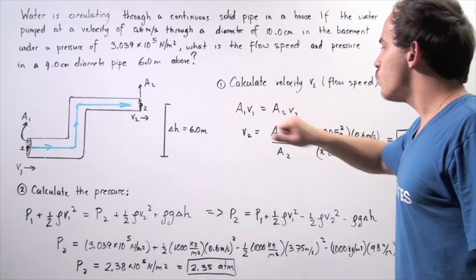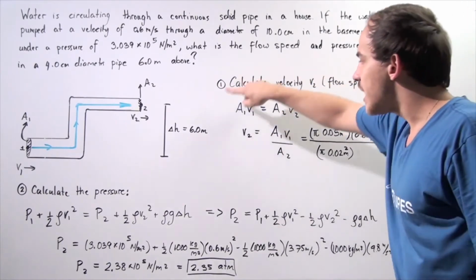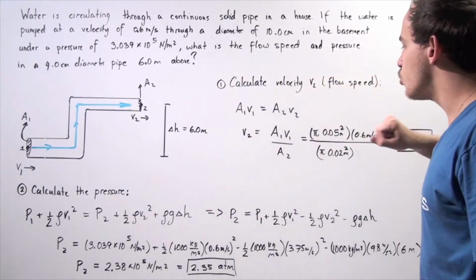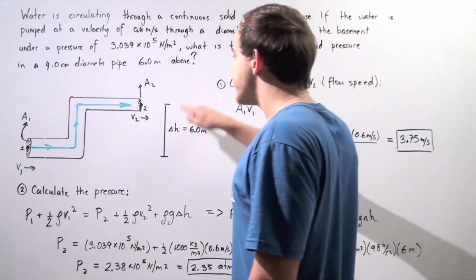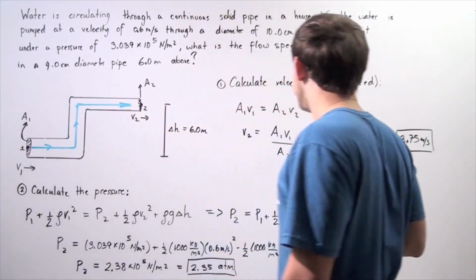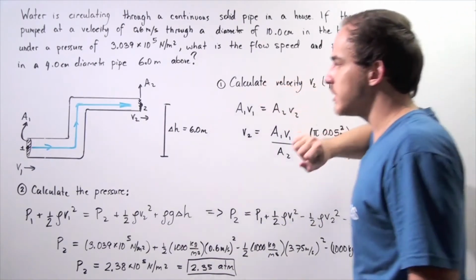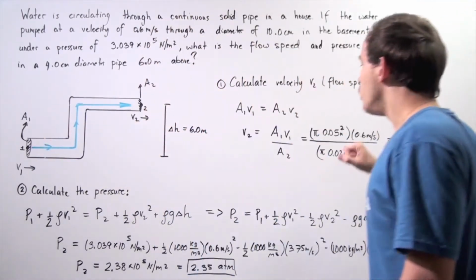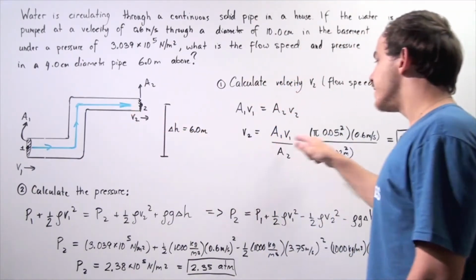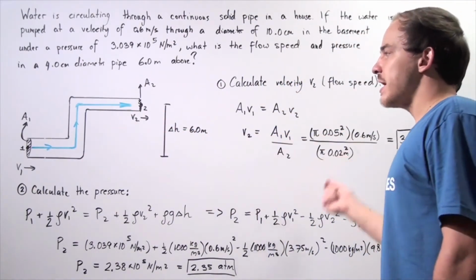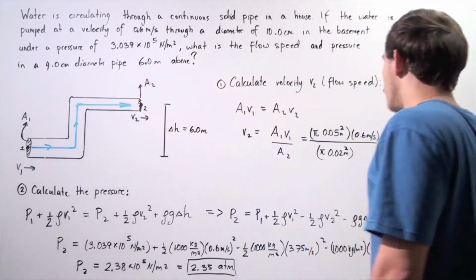Now, we know what A1 is and A2, and we know what V1 is. So we can solve this equation for V2. V2, our velocity of the fluid 6 meters above our basement, is given by the product of the cross-sectional area of section 1 multiplied by the velocity of the fluid in section 1 divided by our cross-sectional area of the pipe 6 meters above the ground in section 2.